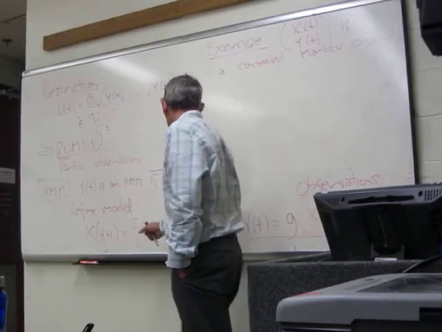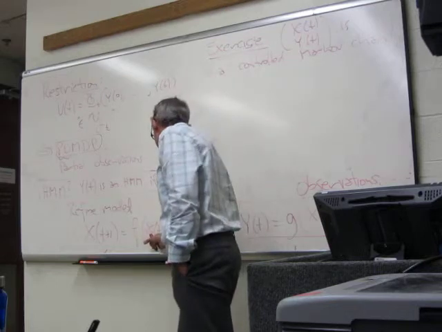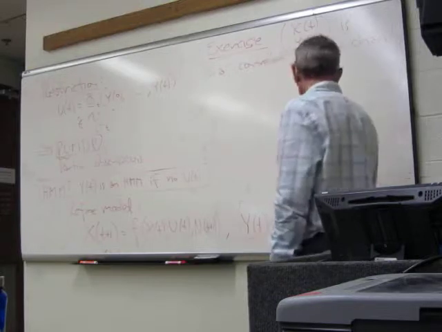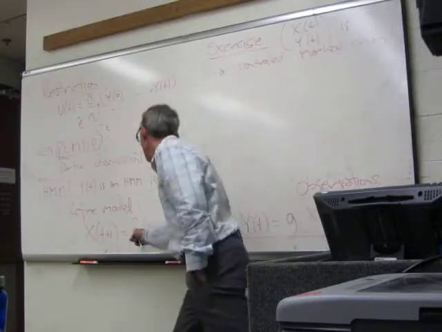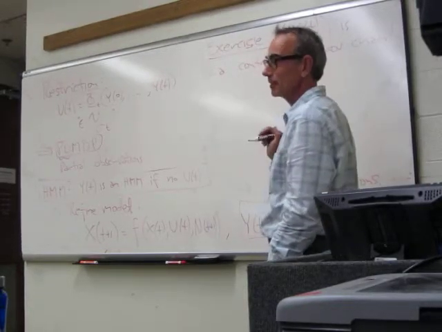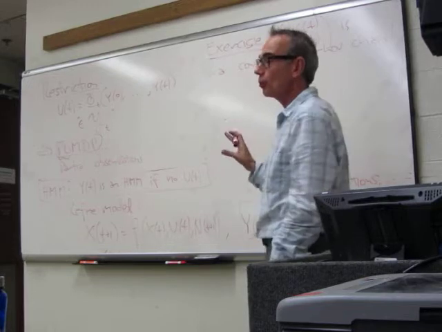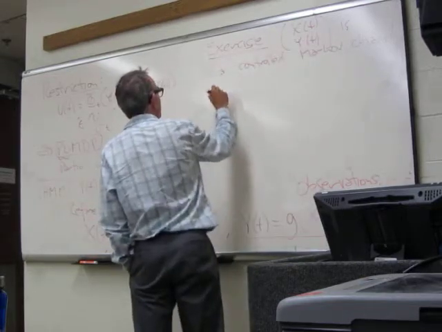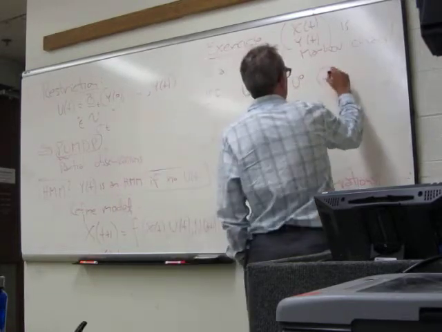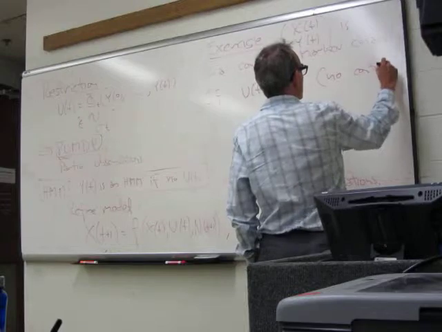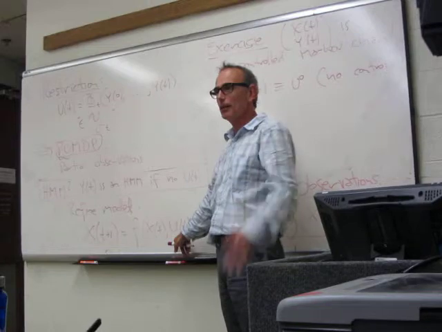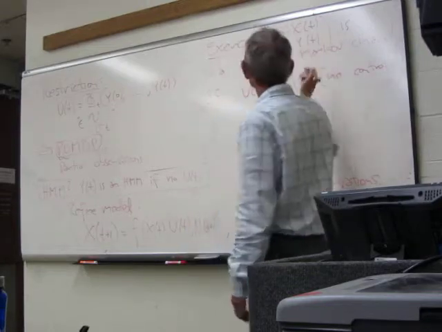X t plus 1 is a function of the past state variable, control, and noise. Y of t plus 1 is a function of x of t plus 1, but x of t plus 1 is a function of the past. And so I'll put that as an exercise. So if there's no control, if we freeze u of t, let's just take this model, freeze this, period. Then of course this will be a Markov chain.